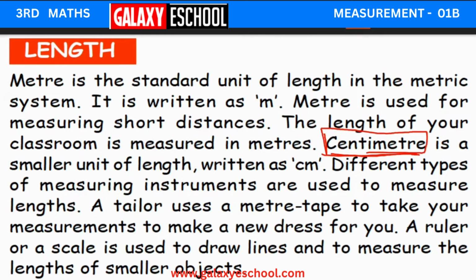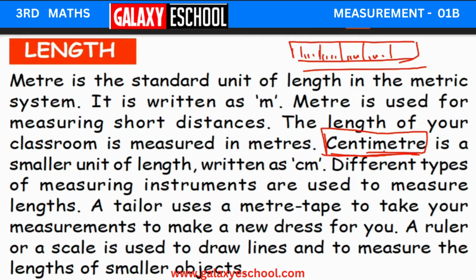Centimeter is a very familiar word for you, right children? Where do we have centimeters? We have centimeters on our scale, or you can call it a ruler. Now this centimeter is a smaller unit of length, written as cm. How do we write centimeter?